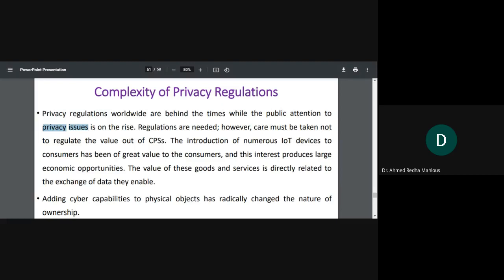This is the regulation in terms of protecting data, with the objective to protect the data. But on the other hand, you will have other people who will be against this decision, against the regulation. Why?